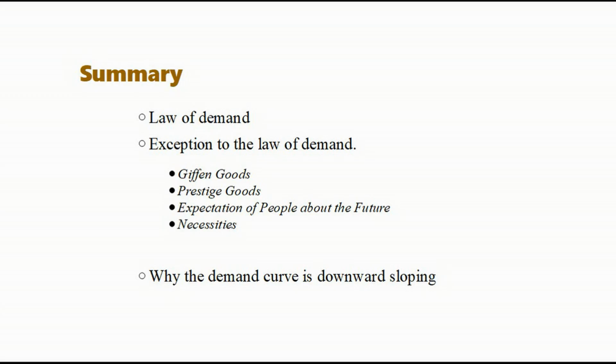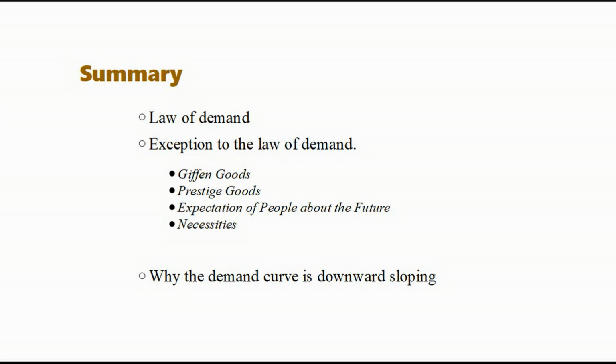Again, this creates a positive relationship between quantity demanded and price. In the case of necessities, the same thing also happens. Whenever there is an increase in the price of a commodity, people or households consume the product in high amounts because necessities are essential for survival. In these cases, we are going to have a positively sloped demand curve. That's why we say exceptions to the law of demand.